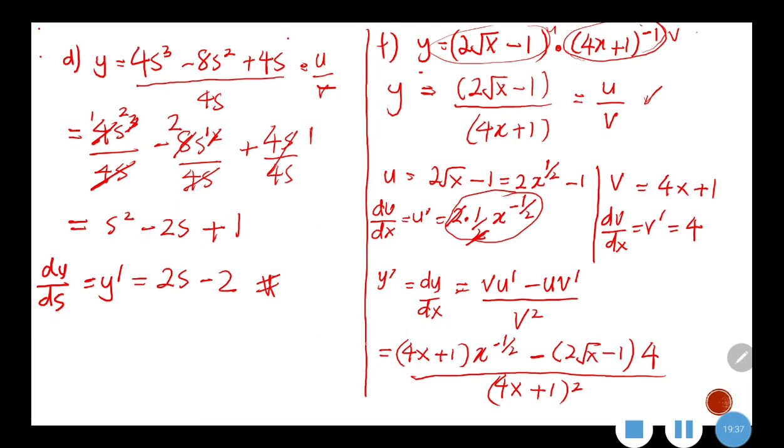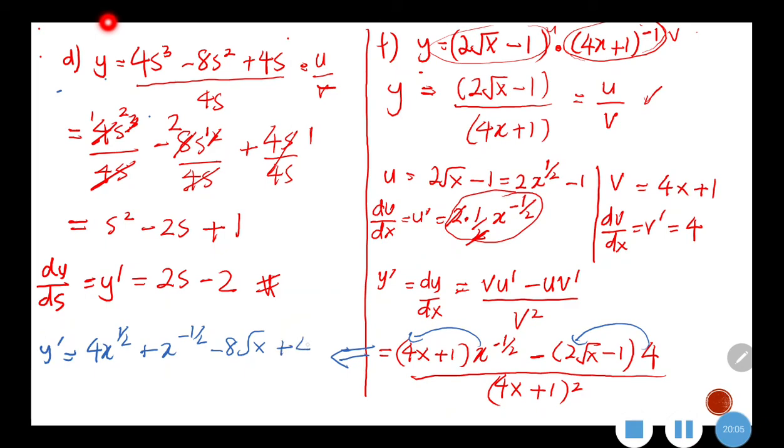But you may simplify this answer further, this y prime. Okay, multiply in. 4x times x power of half, so it becomes 4x power of half. Plus x power of negative half. Okay, this one multiplied, minus 8 square root x, plus 4 over 4x plus 1 square.